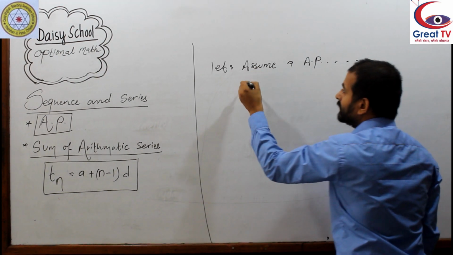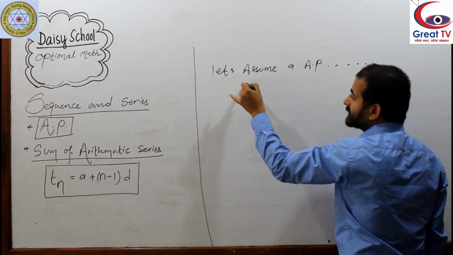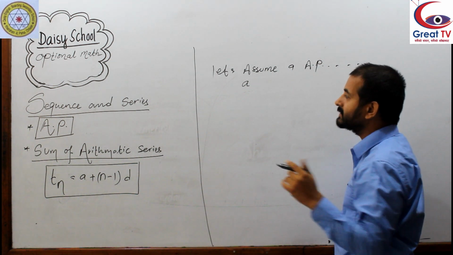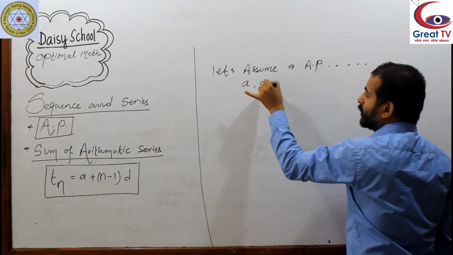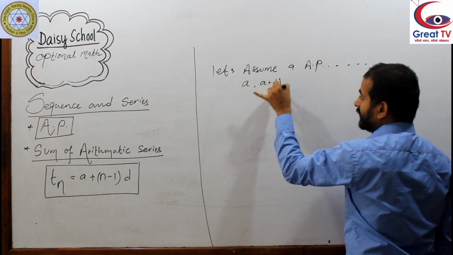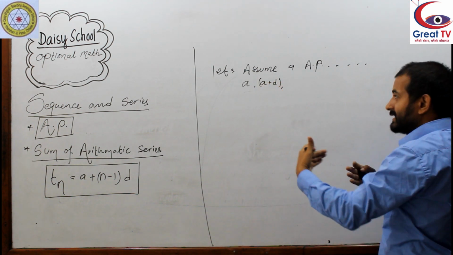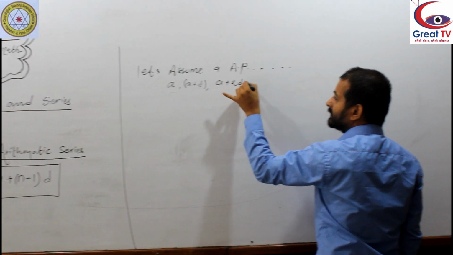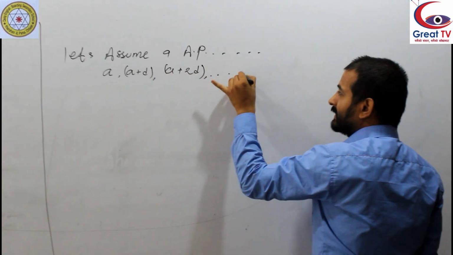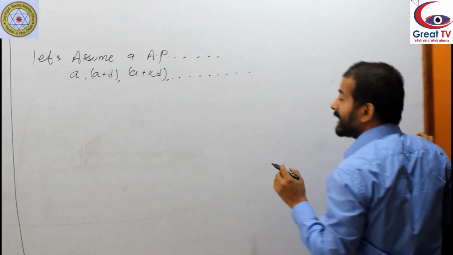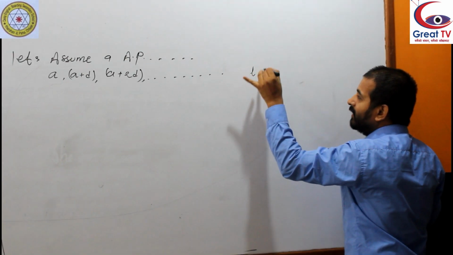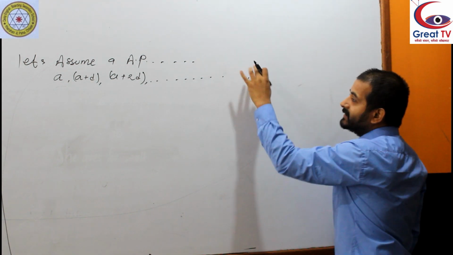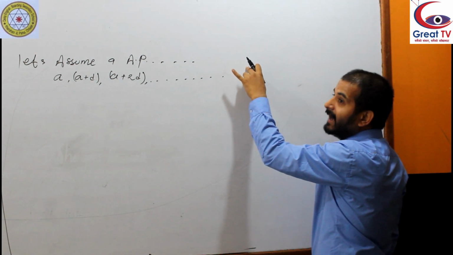For example, our arithmetic series starts from a, as I said in the previous class, and the second term is a plus d, because d is the common difference, then a plus 2d, and it increases up to the last term, l, or some people write b also. This is the last term where the series ends.